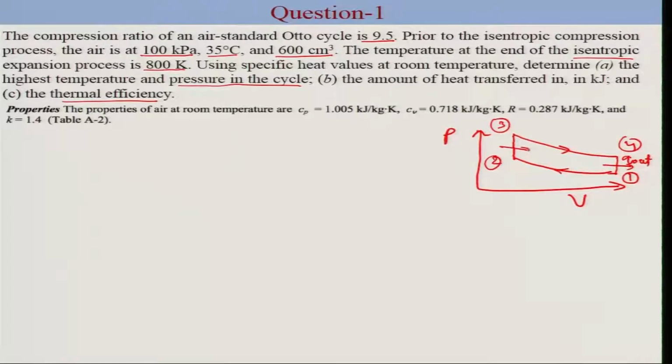And heat will be coming in here. So, this is the complete Otto cycle.